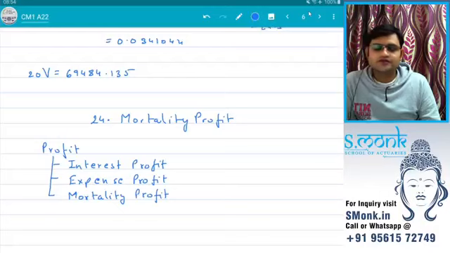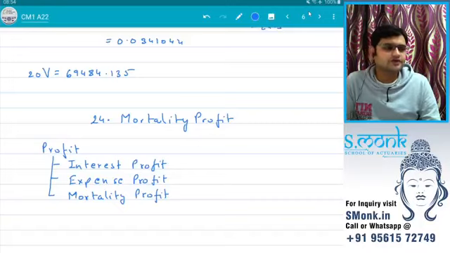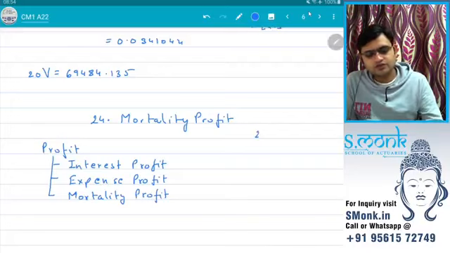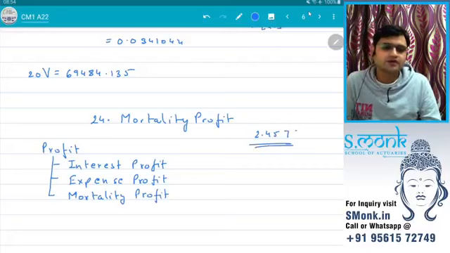So mortality profit, whatever expectation of mortality we had. Okay, so we were calculating all the mortalities according to probabilities, and let's say we sold the policy to 10,000 people. Out of that, we were expecting that this year 2.457 people will die because we are multiplying probability. Okay, and obviously 2.457 people will not die in a particular year.